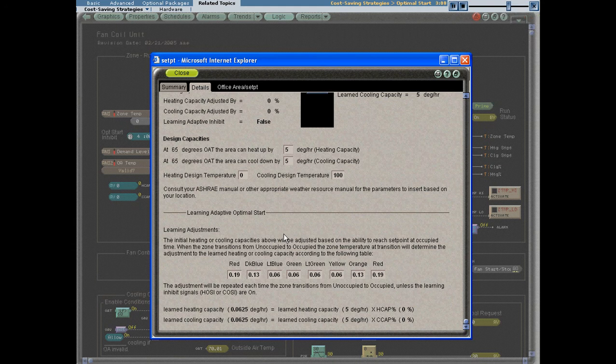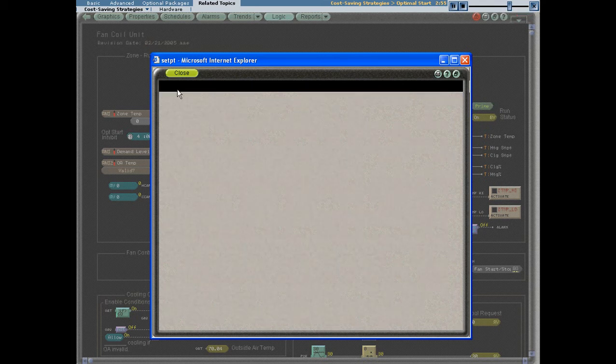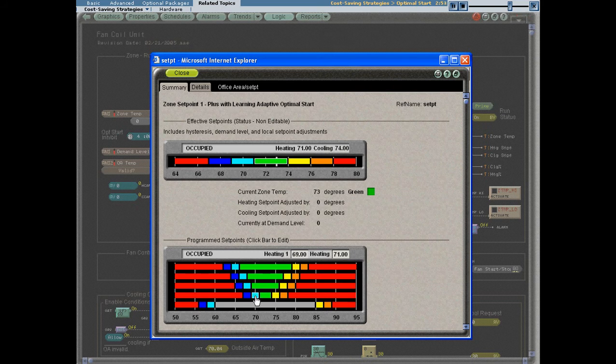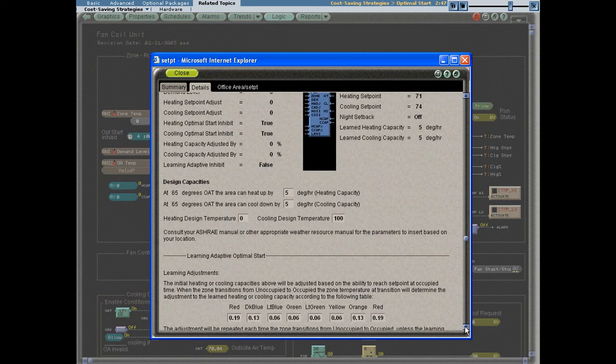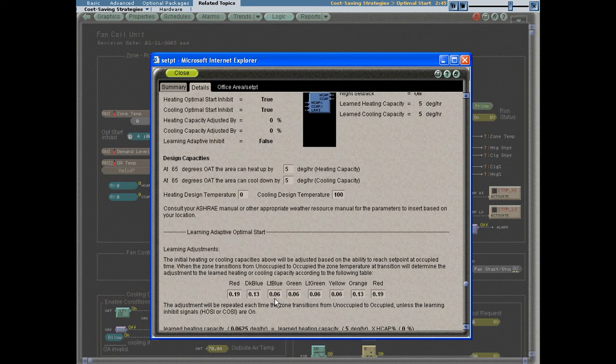We're going to do the following. Let's say it's 8 o'clock in the morning, Optimal Start has kicked in, but we haven't made it. In other words, it's still a little cold in the zone. When that zone goes occupied, it happens to be light blue. We're a little bit outside of the band that we want. So in this case, let's say that we happen to be at 70 degrees. Well, if we're using Learning Adaptive Optimal Start, the microblock will say, I was light blue when we went occupied.